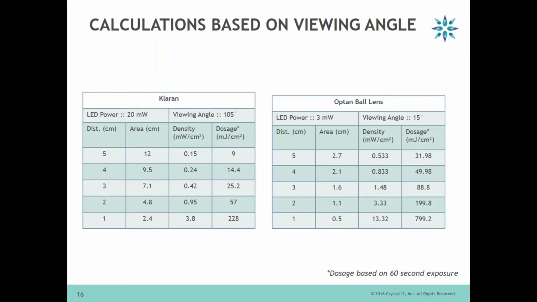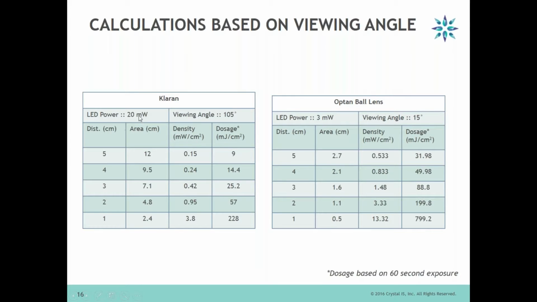So what I've done, in the next table, is take into account our Claron LED, which has a viewing angle of 105 degrees, and our Opten ball lens, which has a viewing angle of 15 degrees. And I've placed it at different distances. We calculated what area it would cover, and what the density per square centimeter would be.